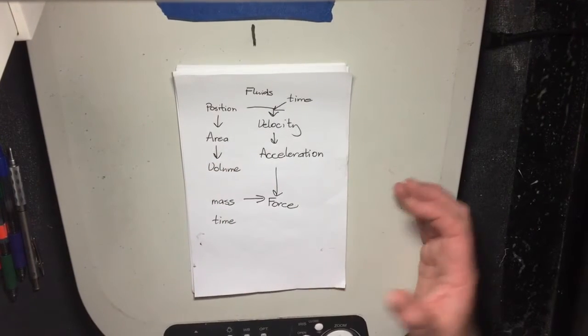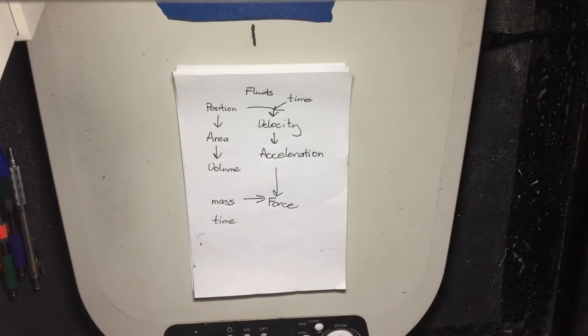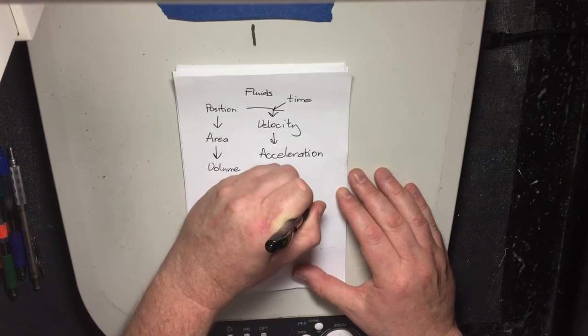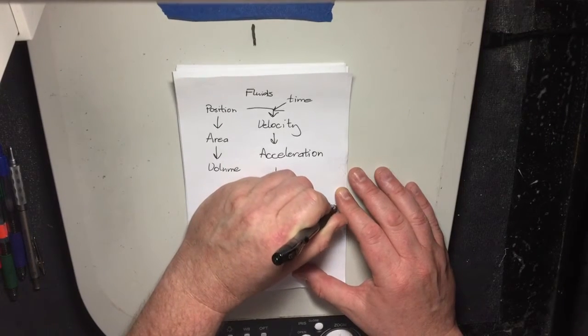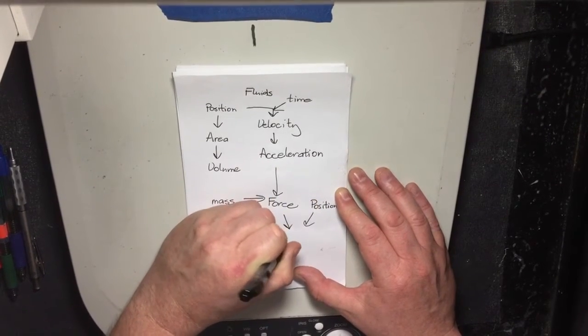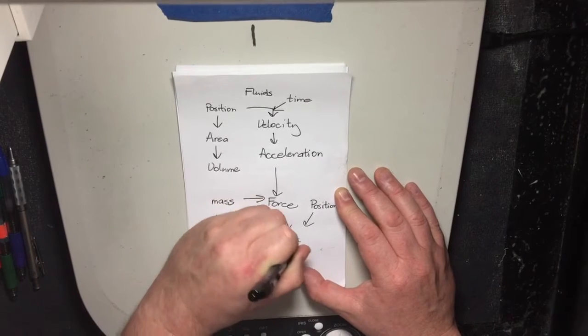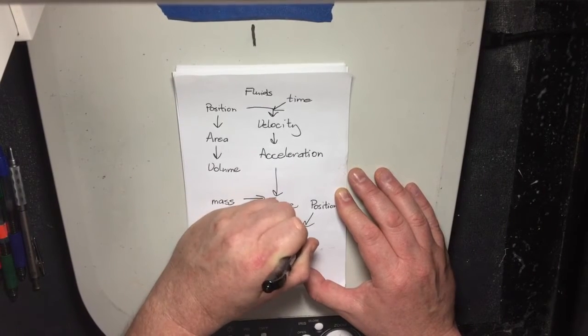So a lot of this stuff is mixing things together, and this is a crude flow chart of how everything is tied together. With mass and acceleration, we get force. With force and position or distance, we get work or energy.